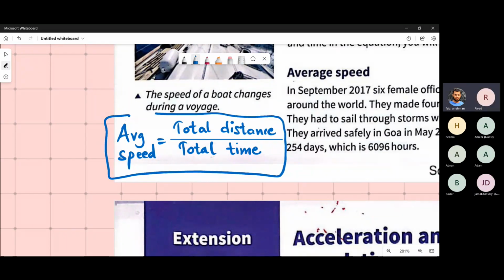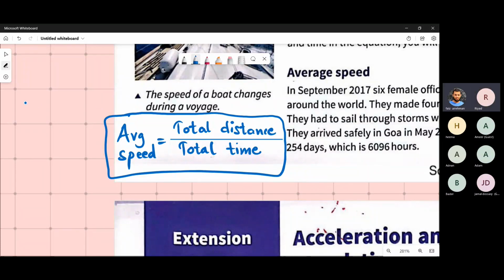Okay. So what is the concept really? The concept of average speed is that, in real life, we cannot maintain constant speed all the time, because we have traffic lights, we have free road, we have traffic jams. So our speed changes with time.